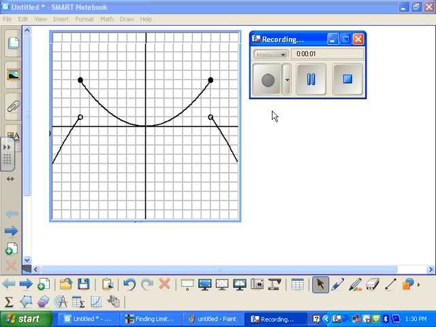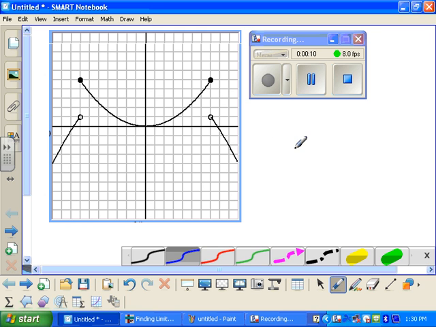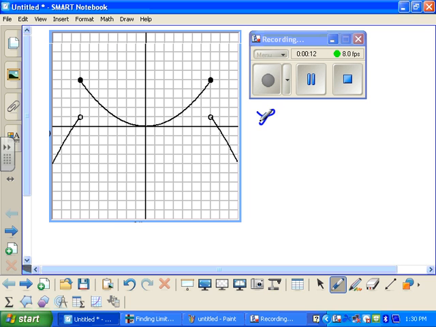graph. I'm going to use this screenshot from one of my programs to discuss finding the limit by means of a graph. Let's suppose that you were asked to find the limit here of our function, this piecewise function, as x approached 0.